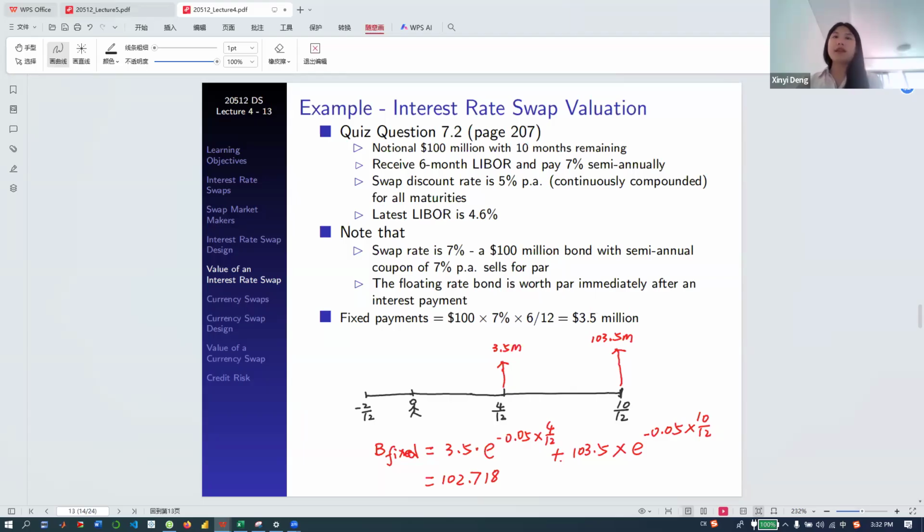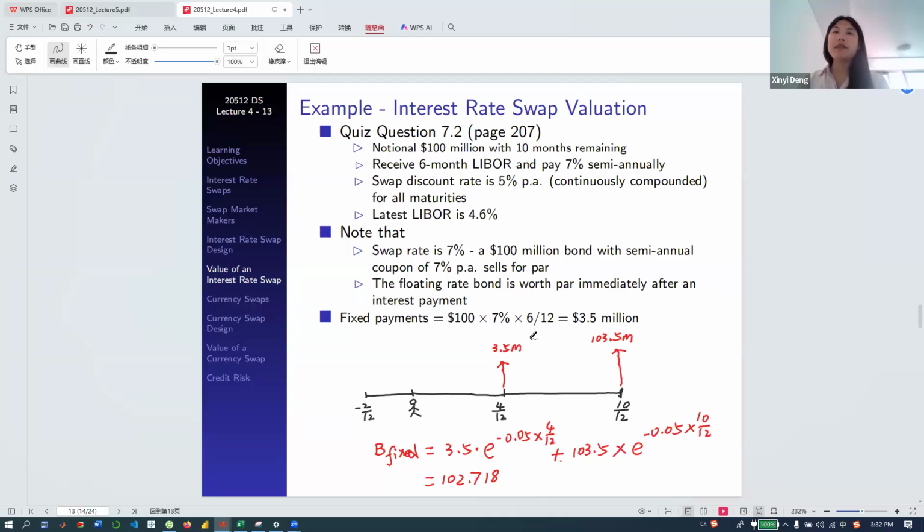For the fixed rate bond, again, we can draw this timeline here. Again, we are at this time point. 4 months later, we are going to receive our fixed rate payment. And at the maturity date, 10 months later, we are going to receive both the principal of the bond and the interest payment of the bond.